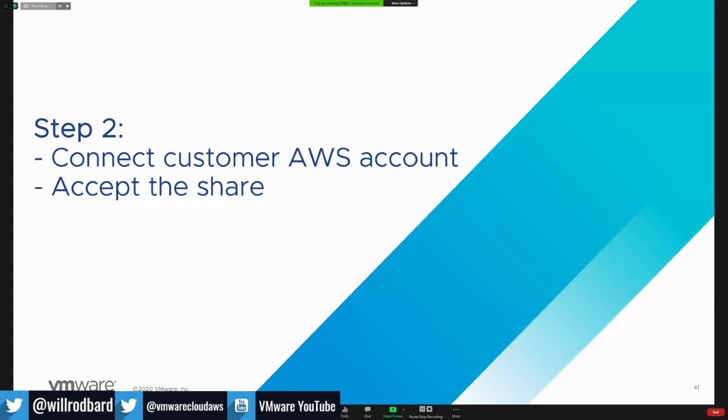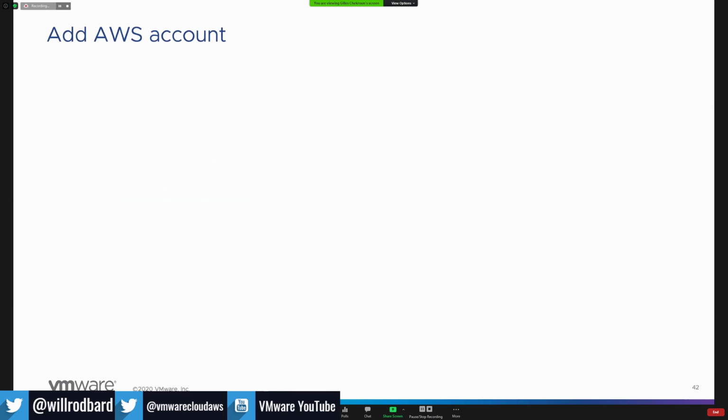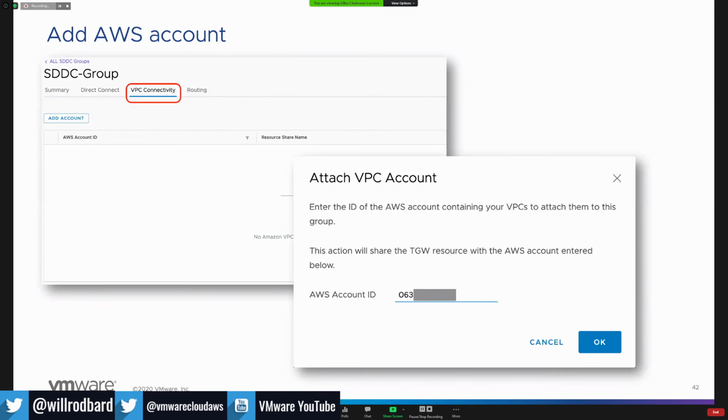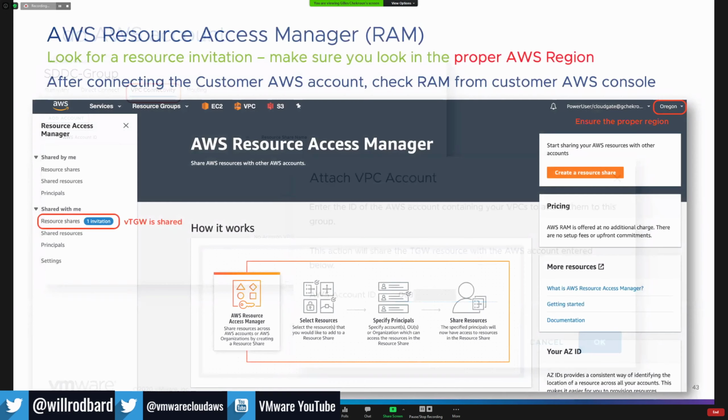Now I want to connect an AWS account, and I want to connect customer VPCs as well. So first I need to go to the VPC connectivity tab and add an AWS account. When I do that, VMware is going to share the transit gateway to that account. So I need to go and look in AWS Resource Access Manager in the proper region and look for an invitation.